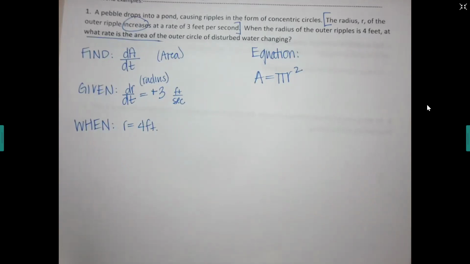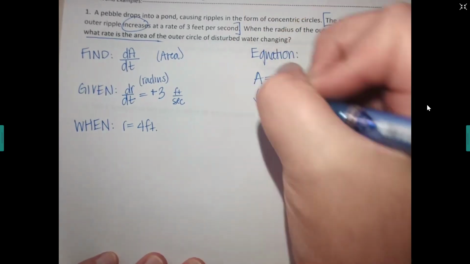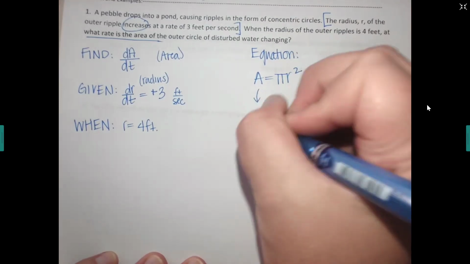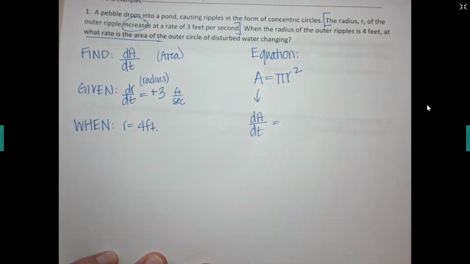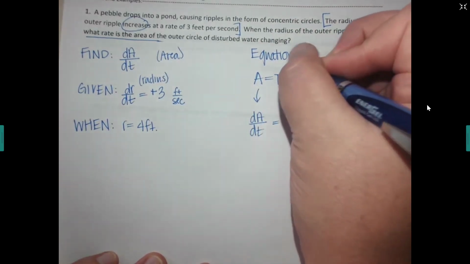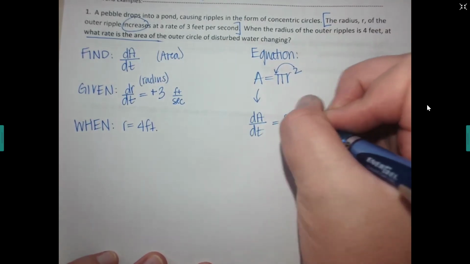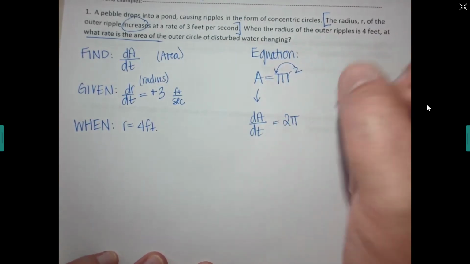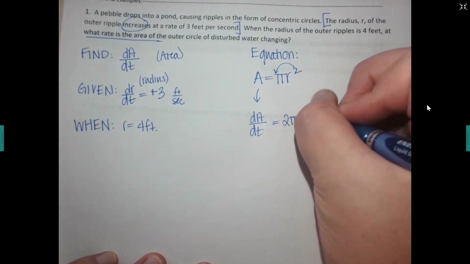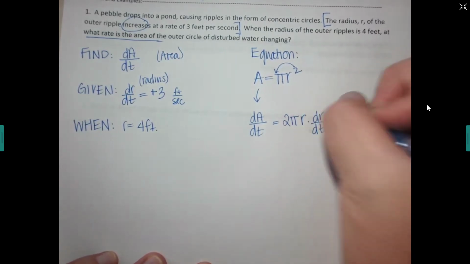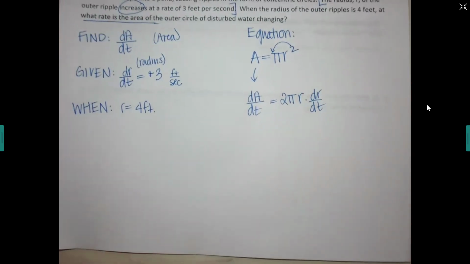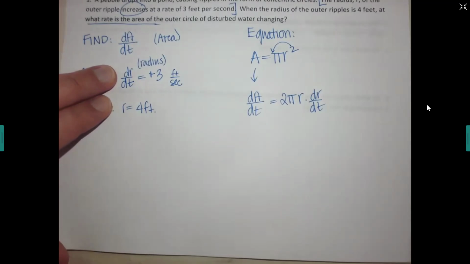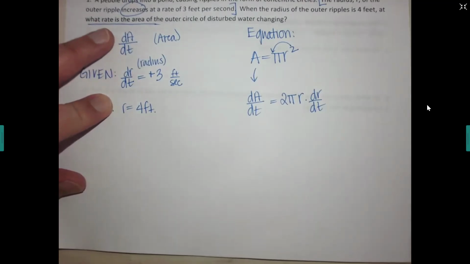Okay, after you identify your equation, you're going to take the derivative, which we actually already practiced. My A goes to a dA/dt. And then for my pi r squared, the 2 comes down, so now it's a 2 pi in the front. My r squared drops to a regular r, and then I have to attach a dr/dt. Okay. Then from there, all you're going to do is plug this in and solve for the dA/dt.